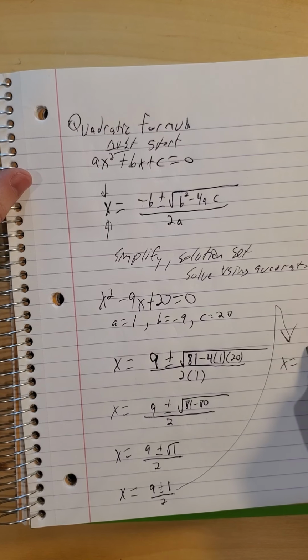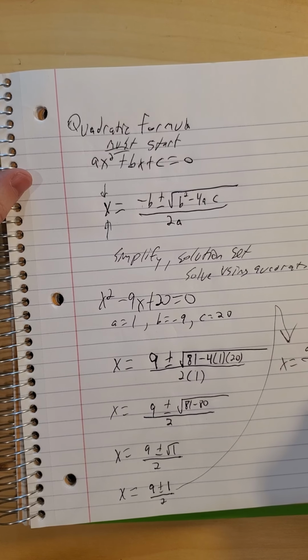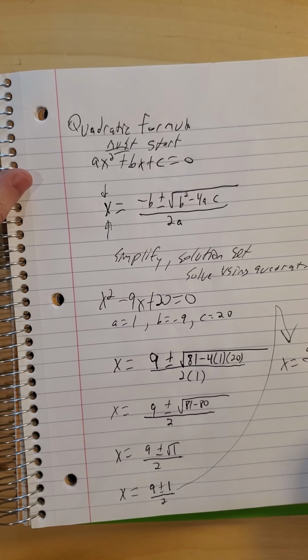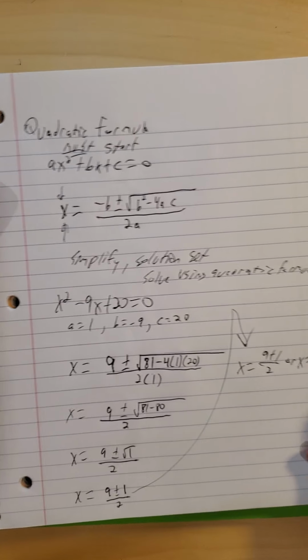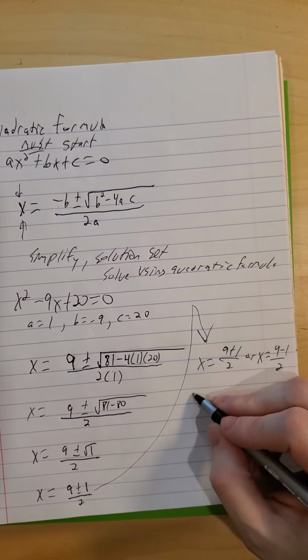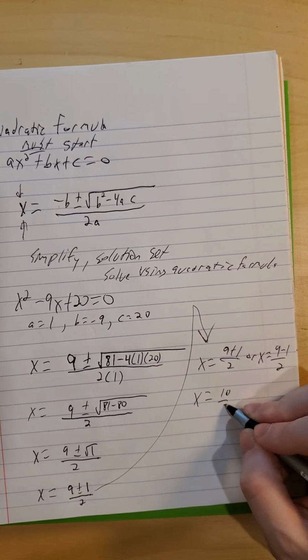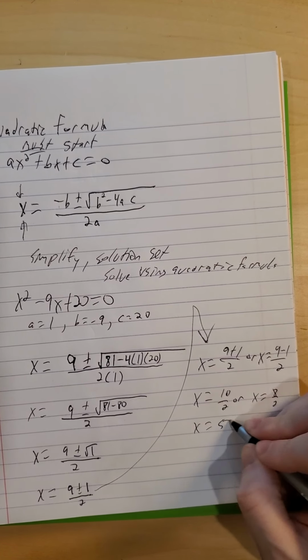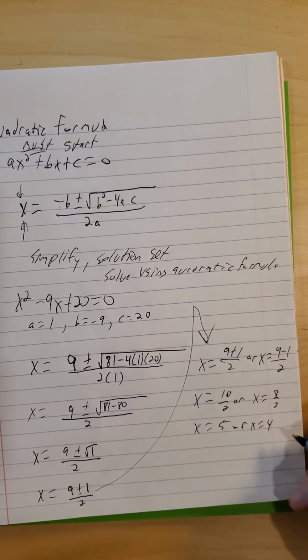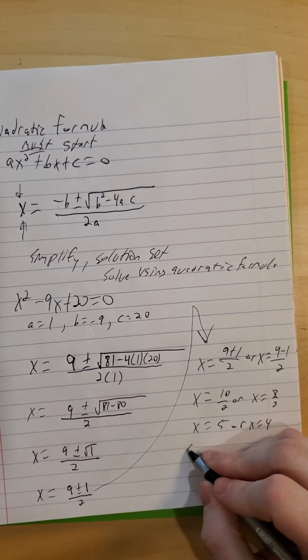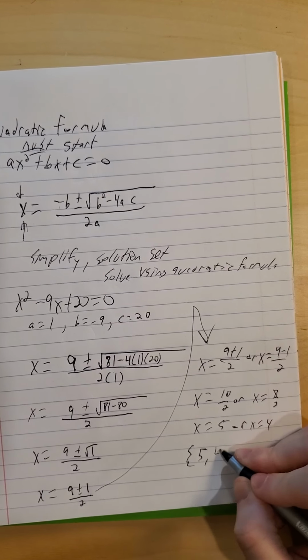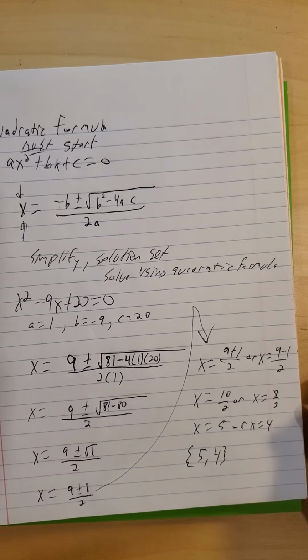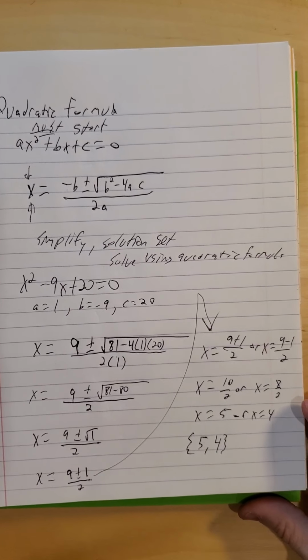So we have two possibilities, 9 plus 1 all over 2, or x is 9 minus 1 all over 2. So x is 10 halves, or x is 8 halves. So x is 5, or x is 4. Both of those are definitely in the set of reals, so we keep them both.